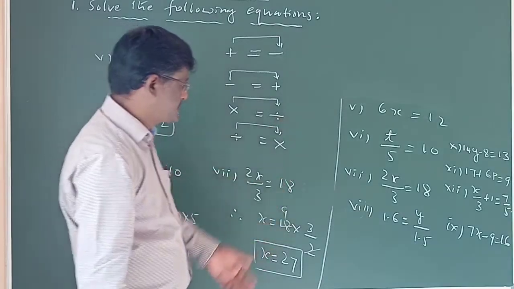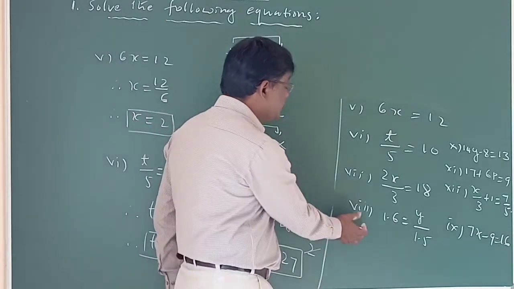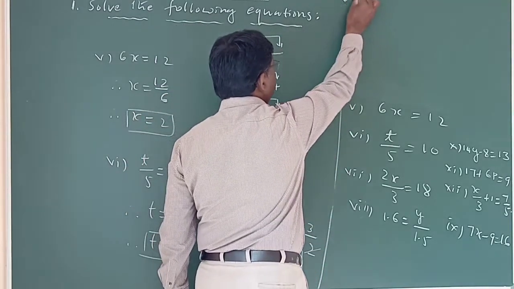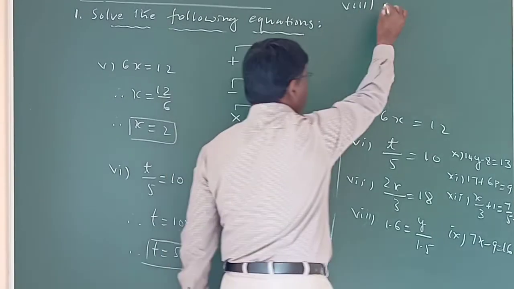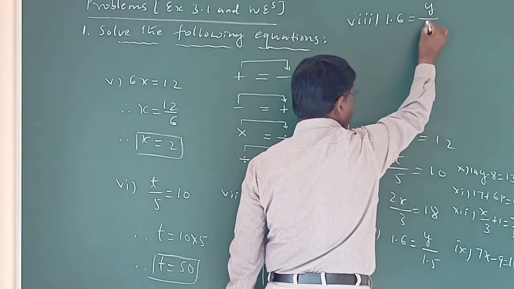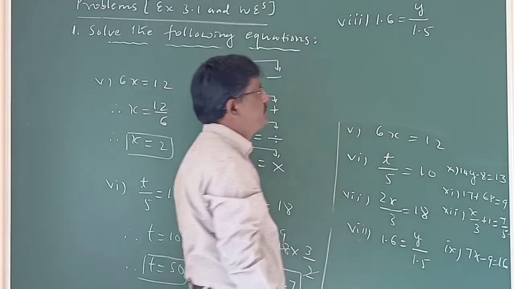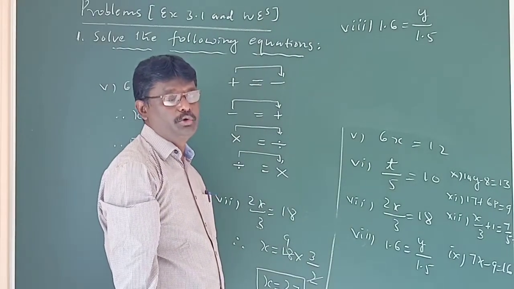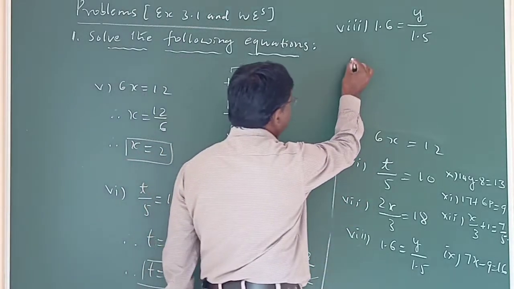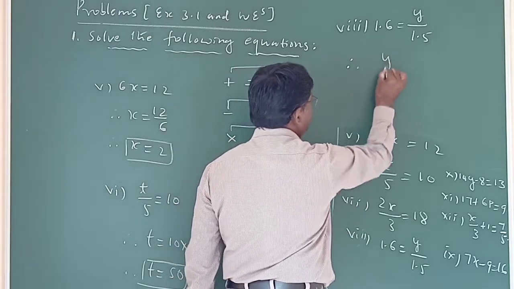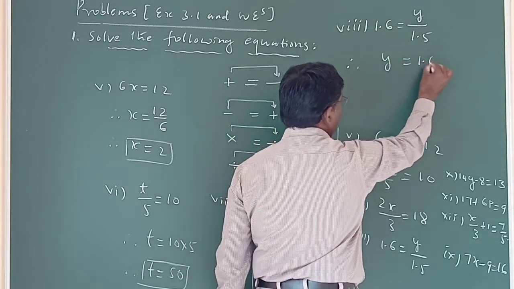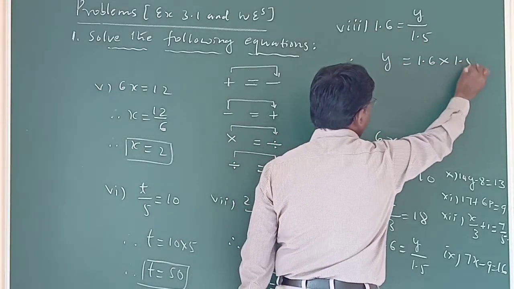Okay, children. Next, the remaining problems. Here we have one decimal, that I will do. Sum number 8. 1.6 equal to y divided by 1.5. Just observe here that the unknown to be solved is on the right side. Therefore, let us write like this. y equal to, division becomes product form. That's all. Hence 1.6 into 1.5.